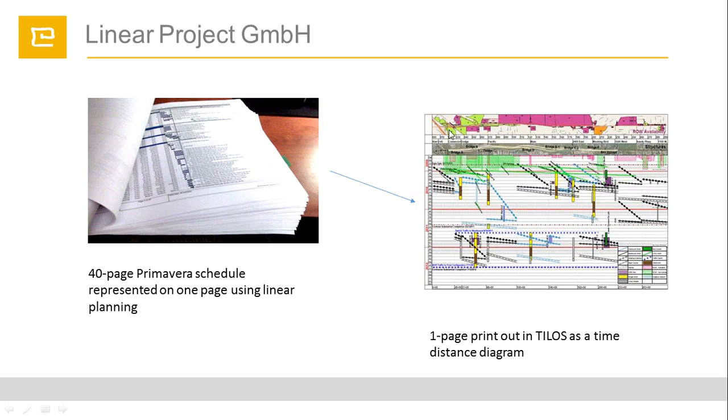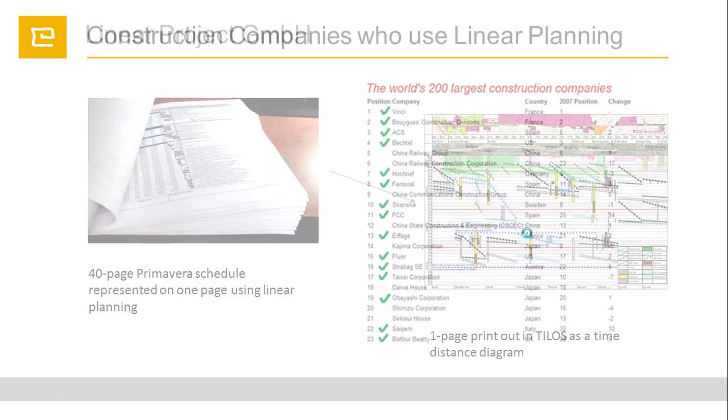But in TILOS we have map integration, Google Earth integration, the zones are here, water zones, environment protection, traffic diversion, mobilization plan, demobilization plan, and then all the activities. If we have viaducts, passages, or some different kinds of elements in our project, we have all of that on one A4 printout. This is the TILOS advantage.